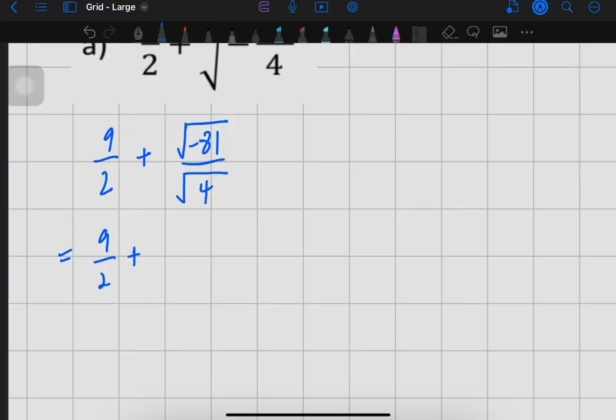Then we need to break it down to -1 times 81, then the square root of 4 will be 2.